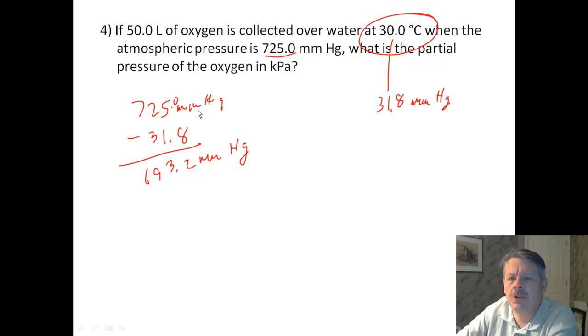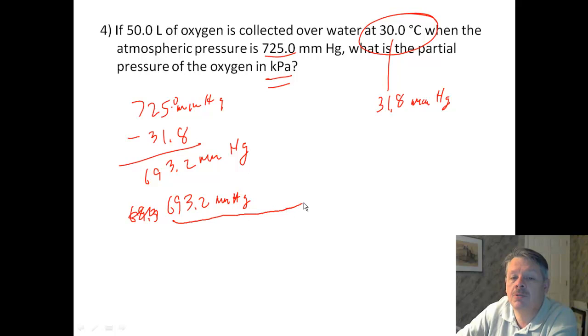But no, it's not, because I asked for my answer in kPa. Well, that's easy enough to do. So I take my 693.2 millimeters of mercury. What do I have to do? Well, I have to convert from millimeters of mercury to kPa. Can't do that directly, though. I can convert from millimeters of mercury to atmospheres, and then I can convert from atmospheres to kPa.